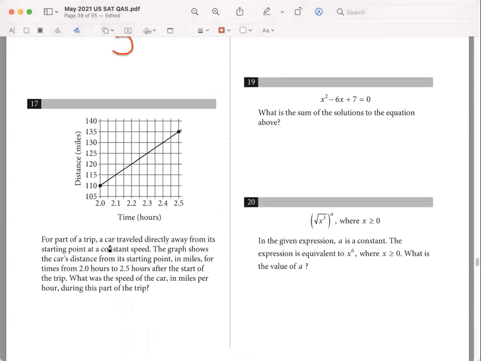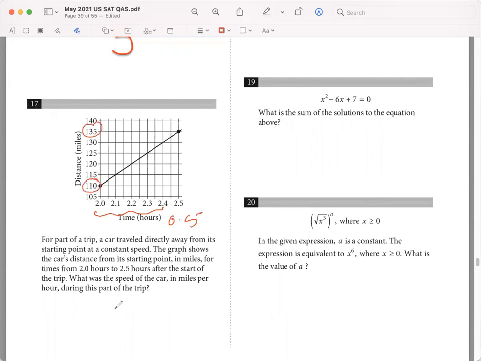Okay. For part of a trip, a car traveled directly away from its starting point at a constant speed. The graph shows the car's distance from its starting point in miles for times from 2 hours to 2.5 hours after the start of the trip. What was the speed of the car in miles per hour? Okay, so it went from 2 to 2.5, so it went for 0.5 hours, and it went from 110 to 135.